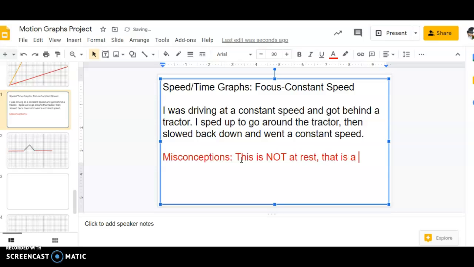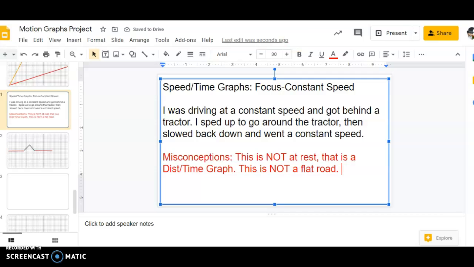That is a distance time graph. And although this class has done a great job with this, this is not a flat road. You guys have done a great job with that one.